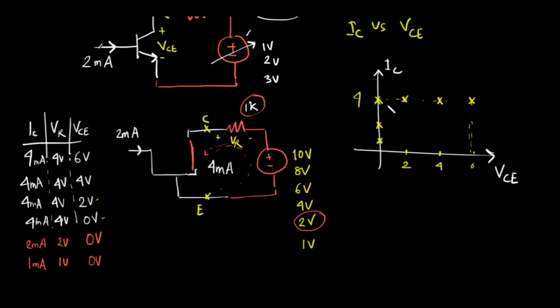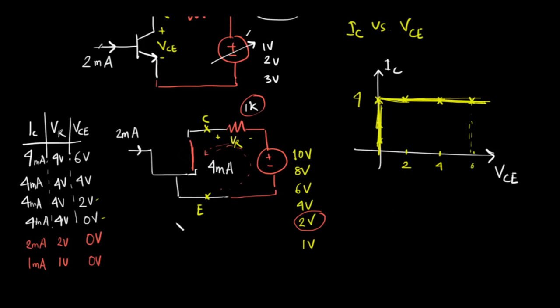Alright, so what is the output characteristics? Well, the output characteristics looks like this. Okay, so this is the output characteristics. Well, this should be intuitive. Why?